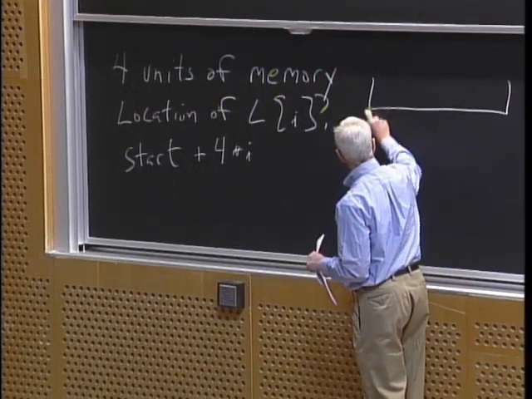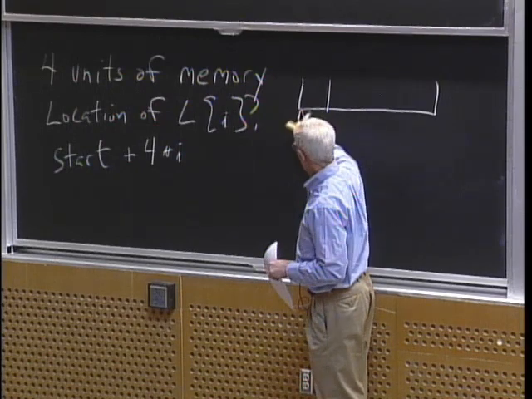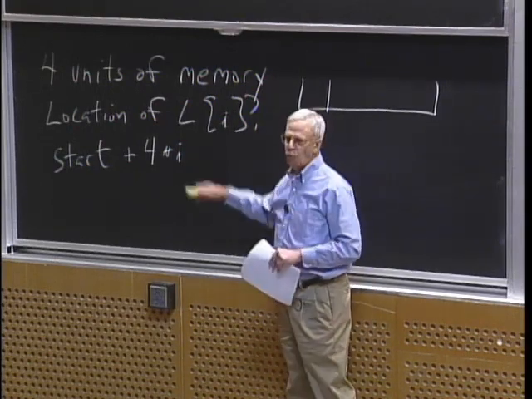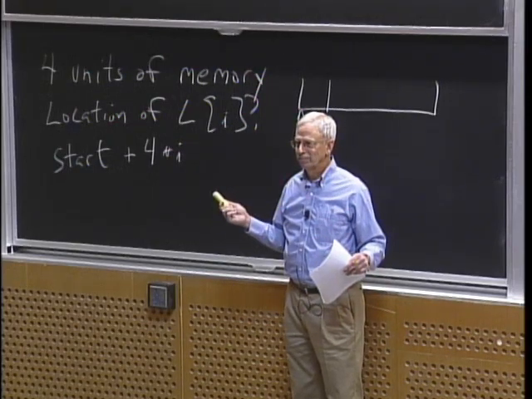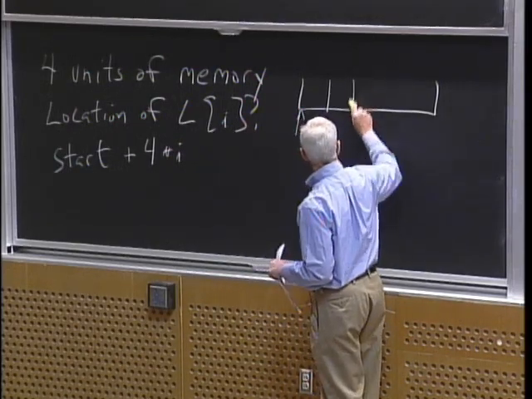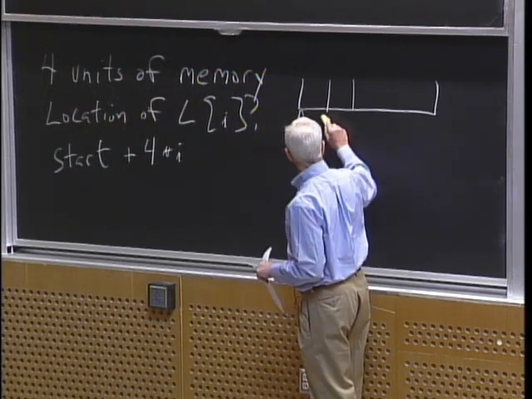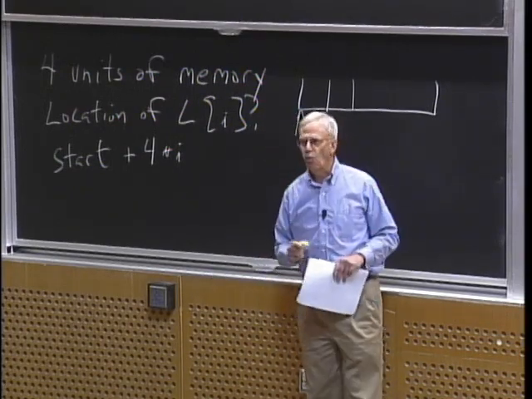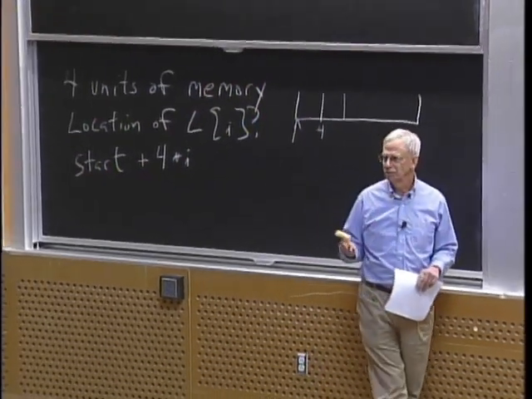I point to the start. The first element is here, so that's start plus 4 times 0. Makes perfect sense. The second element is here, so that's going to be start plus 4 times 1. Sure enough, this would be location 4 relative to the start of the list, etc.